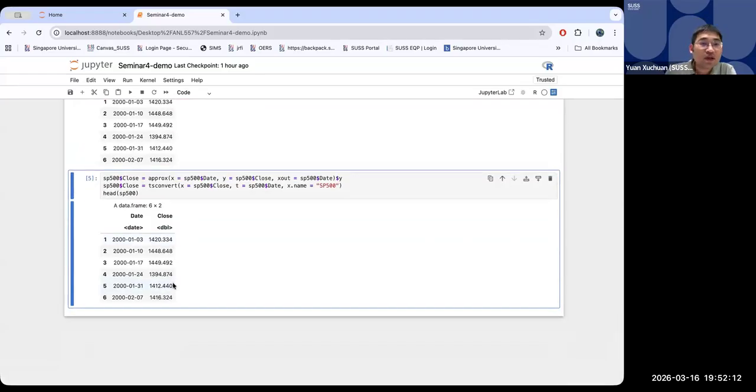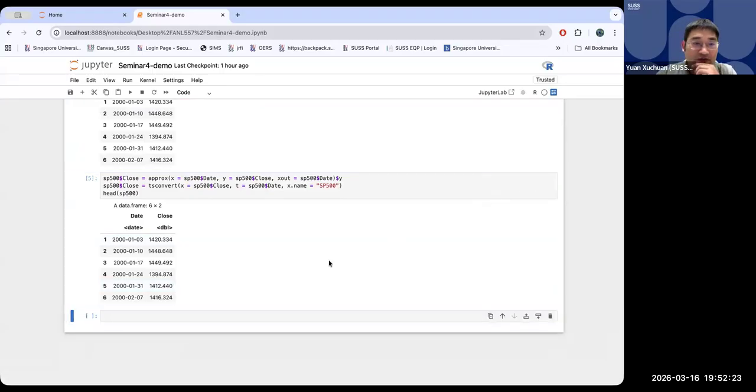So we converted the SP500 close column into a time series object in R. Let's look at the ACF and the PACF of this time series. You can just use ts ACF on SP500 close, and we want to see maybe lag equal to 20.